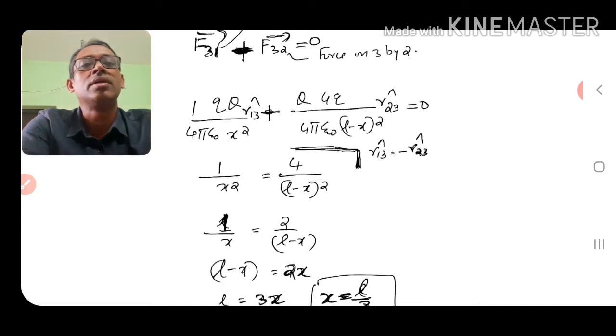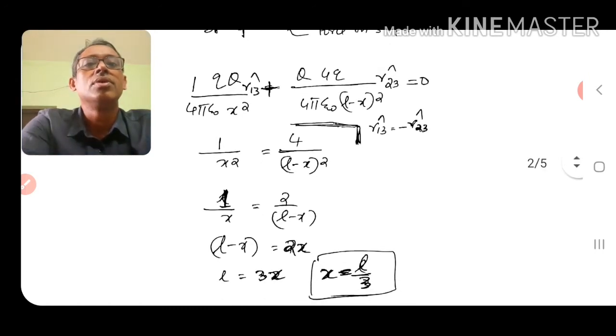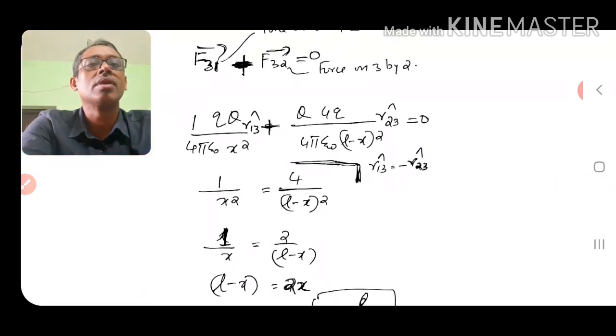So here we will have a negative sign, and since we have a 0 on the right hand side, we can cancel the q, 1 by 4 pi epsilon 0, and small q.